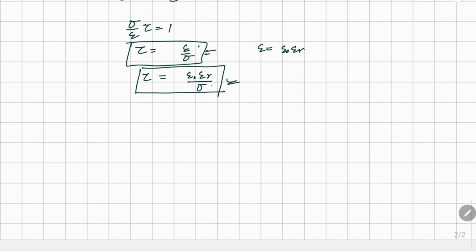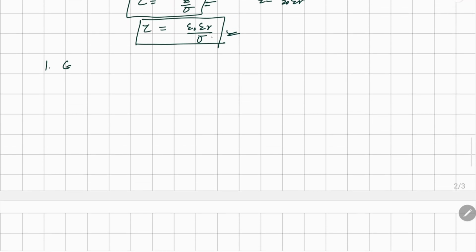Now you need to remember two things. One is the good conductor, which has very high conductivity, sigma very high, or I should say infinite.